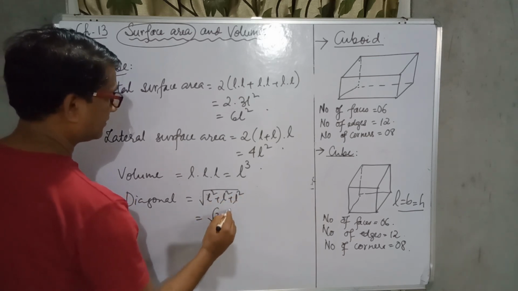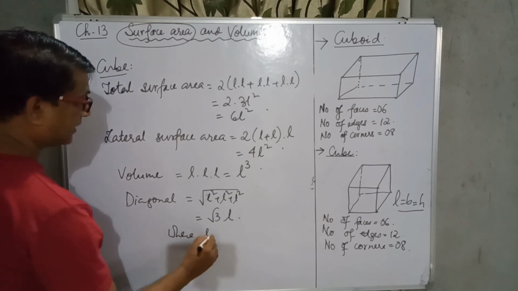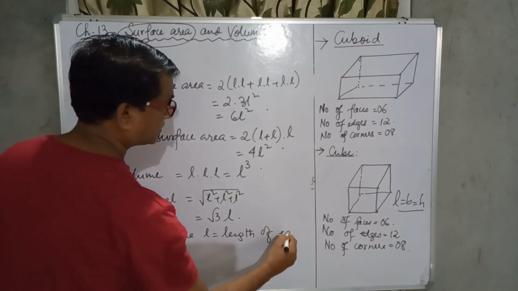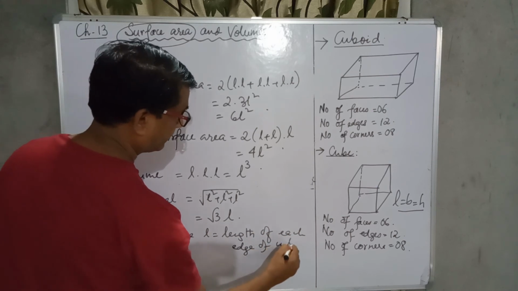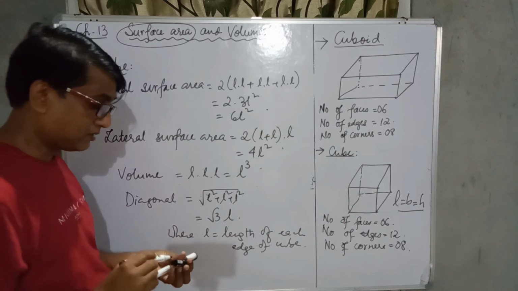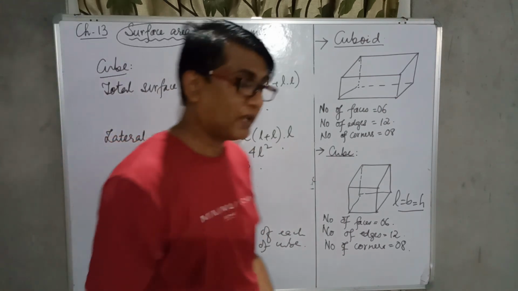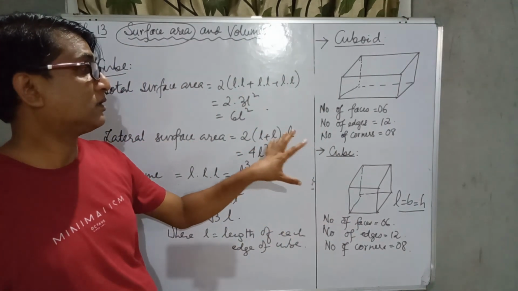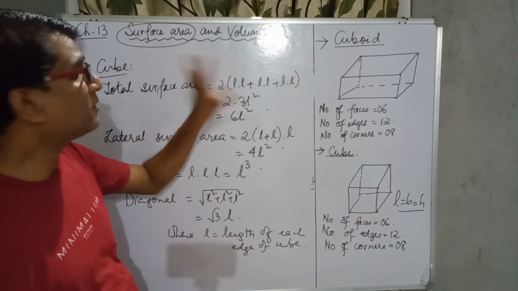Root 3 L. Where L is the length of each edge of the cube, and for the cuboid, L is the length, breadth is B, and H is the height. Okay, so these things you have to keep in mind. These are the formulas related to cube and cuboid for surface area and volumes.